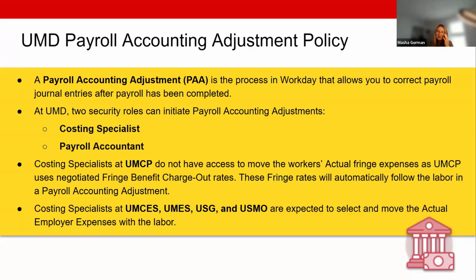That's why your access doesn't even cover the employer expense, retirement, FICA, Medicare, and so on. But at UMCES, UMAS, USG, and USMO, you are expected to move those costs alongside the labor. So if you're doing payroll accounting adjustment for a non-UMCP university, always remember the employer expense that you need to move with your labor. And we'll show that today in the tenant.